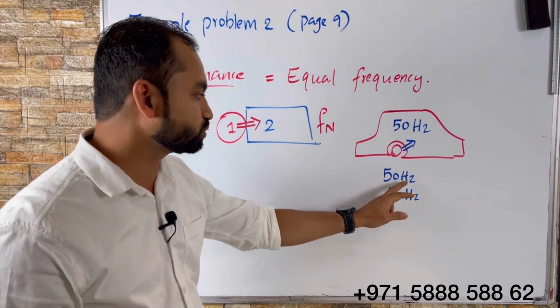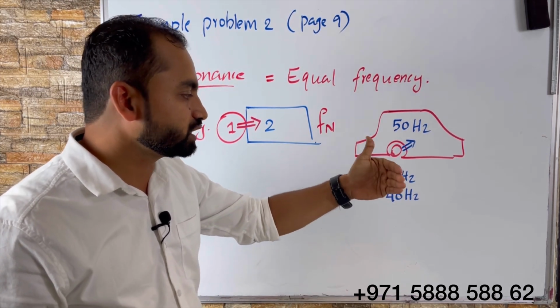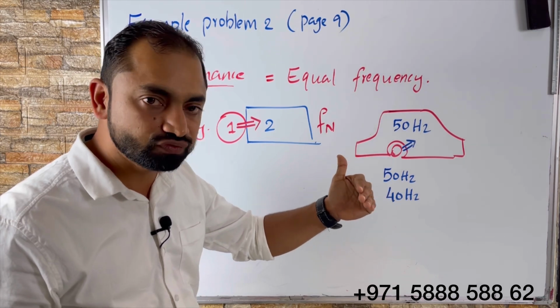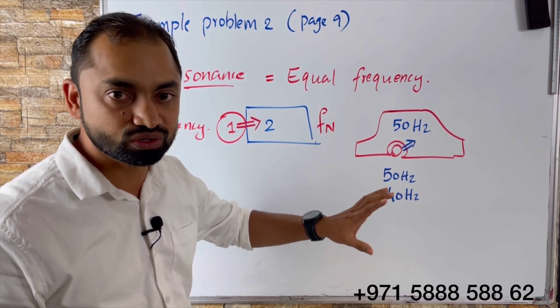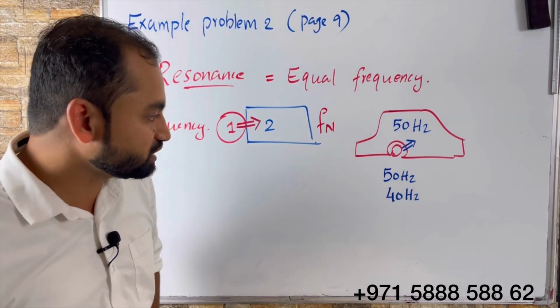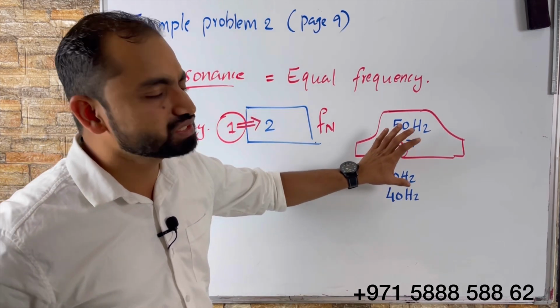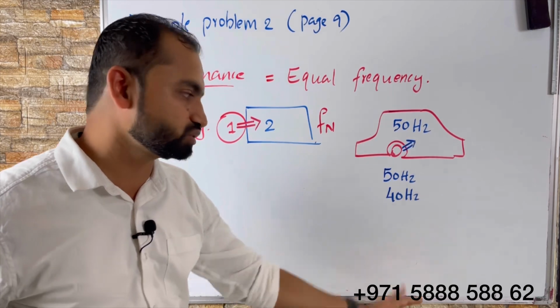Now if the car reduces speed and the rotational frequency is only 40 hertz, 40 hertz is not equal to the natural frequency of the car, because the natural frequency of the car is 50 hertz. Now energy will not be transferred from the tire to the car.